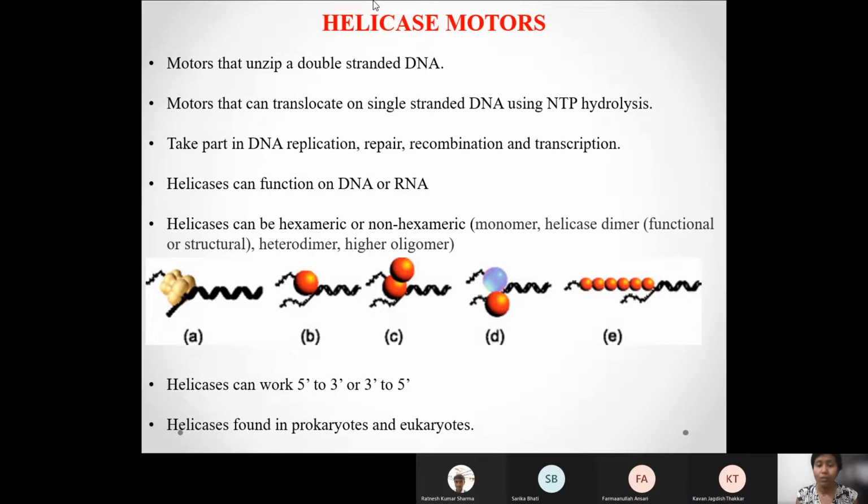Anything else, recombination, you would need, if there is a formation of a Holliday junction, you must have read about that. Then you can have a helicase that can function just at the junction. Anything else that you can think of, Sarika, that I have missed? Splicing, what I have studied about my protein, it is involved in all processes of RNA metabolism, which includes splicing, unwinding any link related to RNA.